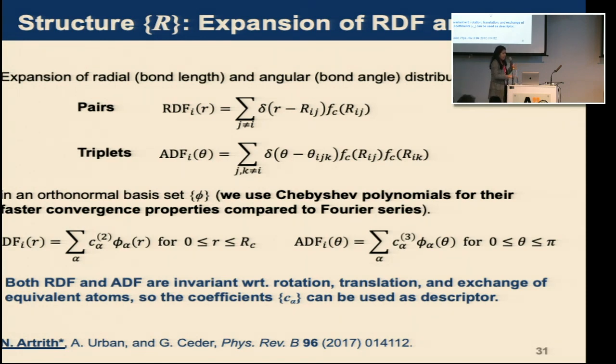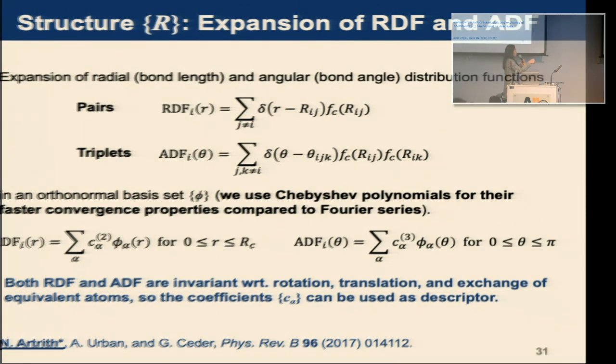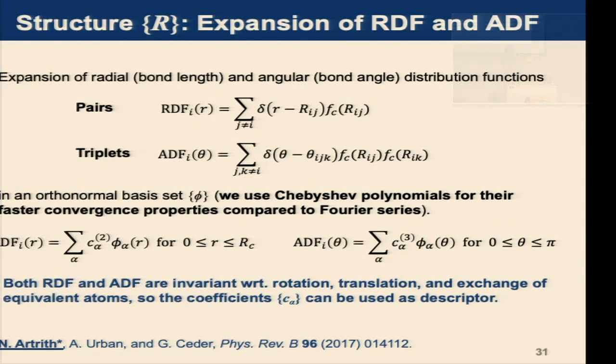Let's think a bit. We know Behler-Parrinello is simple, right? You use radial and angular functions, and I think it's already simple and easy, so we also use the same idea. The new descriptor still contains 2-body and also 3-body terms.